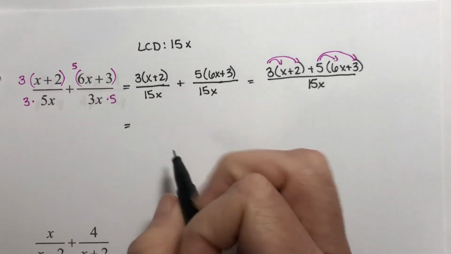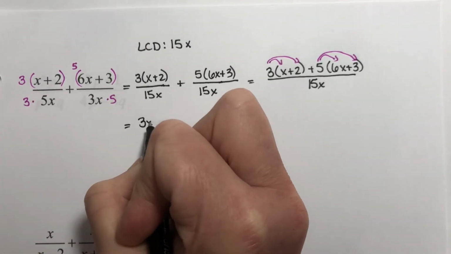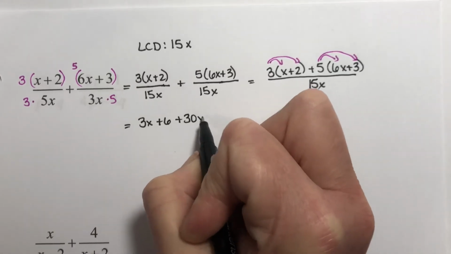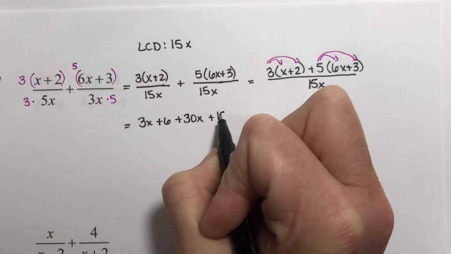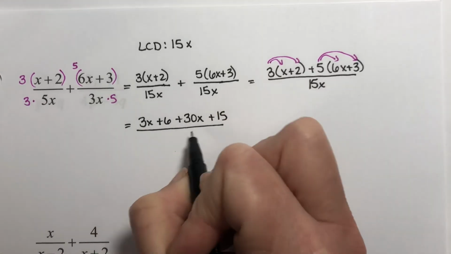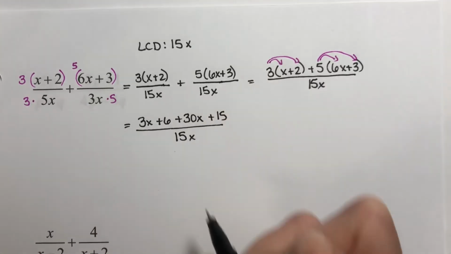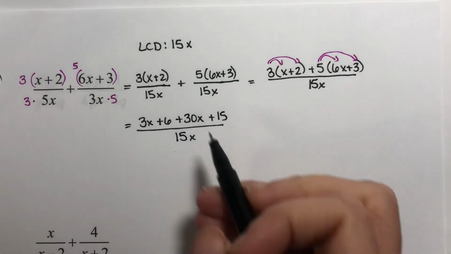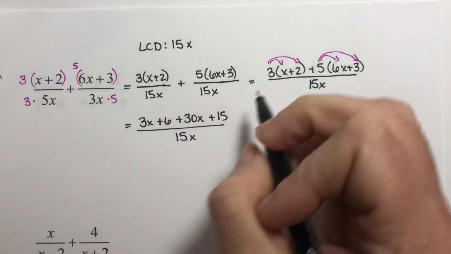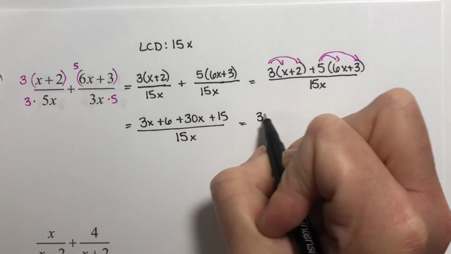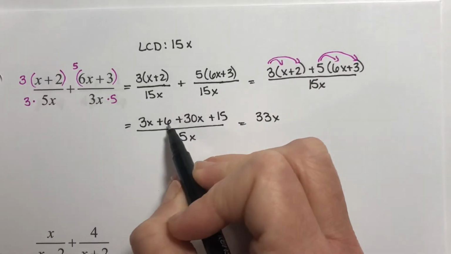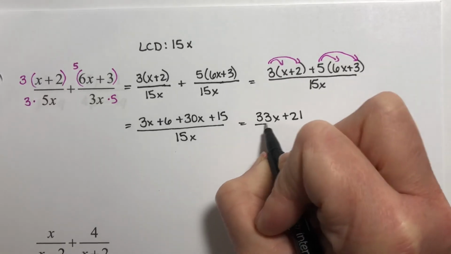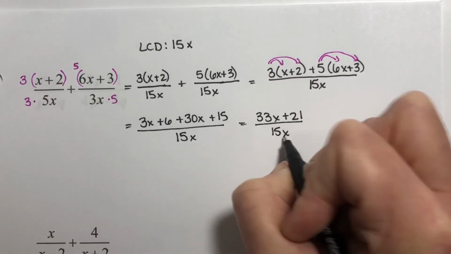And coming back over here, I get 3x plus 6 plus 30x plus 15, and this is all over 15x. Okay, let's combine like terms. 3x plus 30x would be 33x. 6 plus 15 would be 21. And this is over 15x.